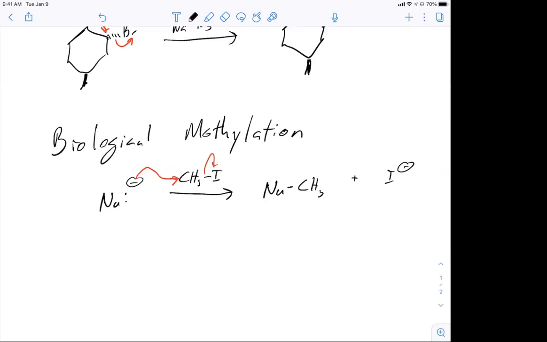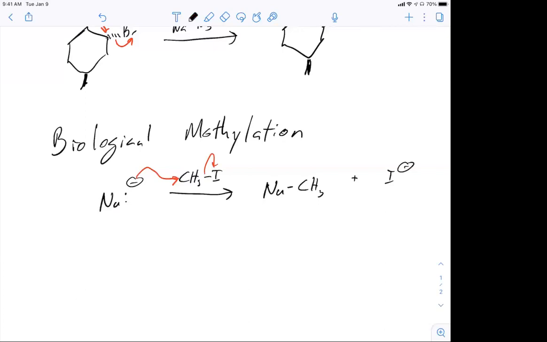Now, it turns out that methylations are specifically important in biological systems. You've got several places where methylation is important. You can convert precursors into hormones with simple methylation.